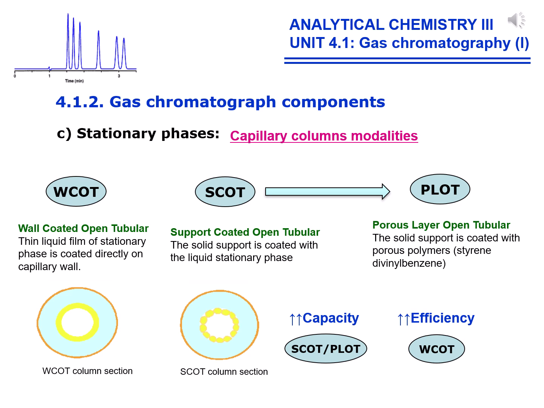Support-coated open tubular: columns in which the wall has been coated with a mixture of finely divided microparticles, usually silica gel or alumina, and a known amount of a liquid phase.